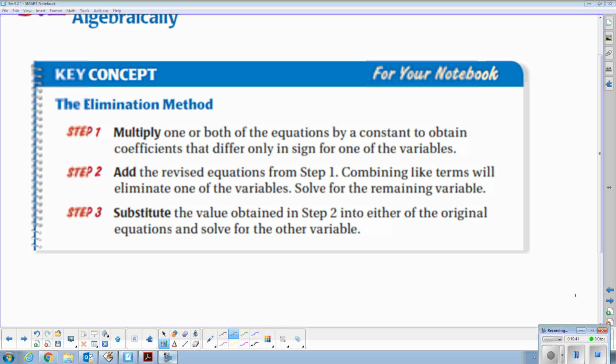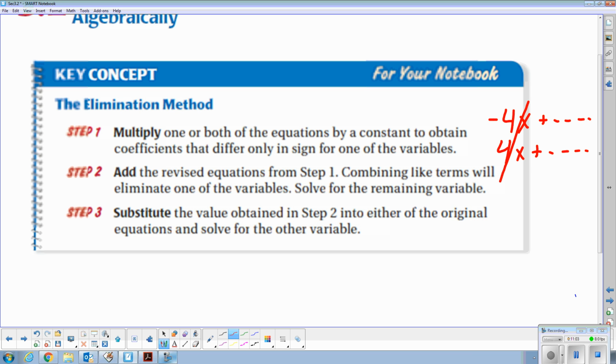Okay, so for example, like negative 4x plus something and 4x plus something. If I added these two equations together, my x values would be 0. I would have 0x, so it really would not matter what my x value is.